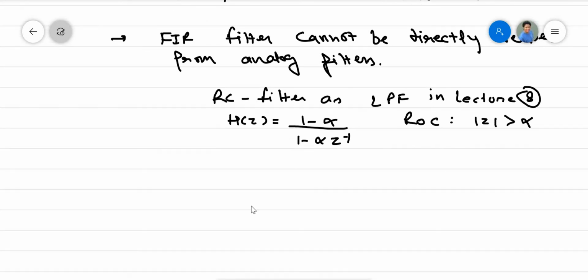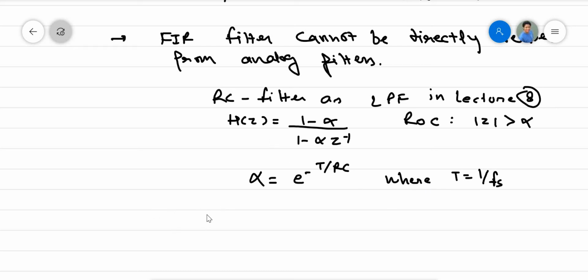In this transfer function, the value of alpha is equal to e to the power minus T by RC, where T is equal to 1 by fs, where fs is the sampling frequency.